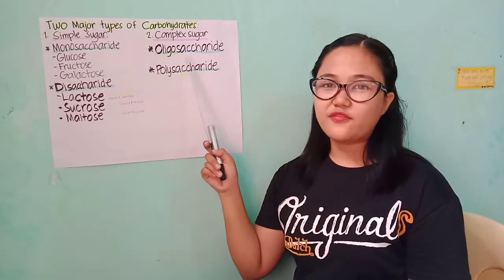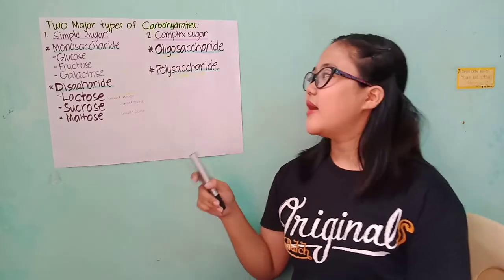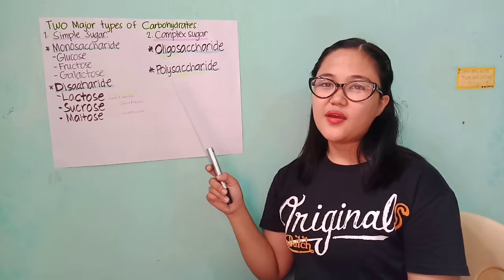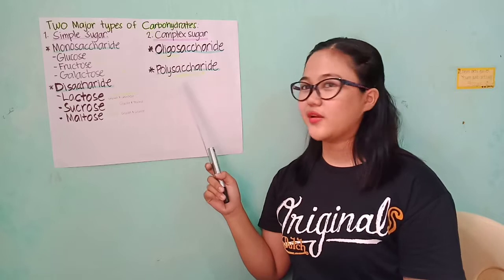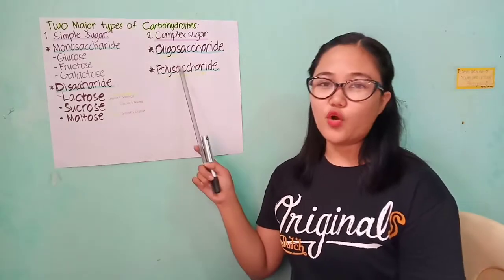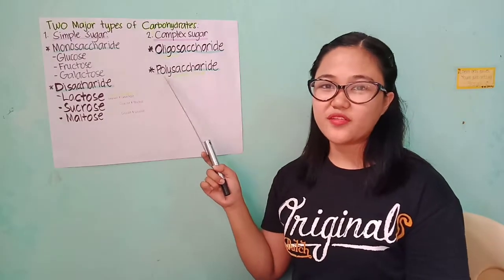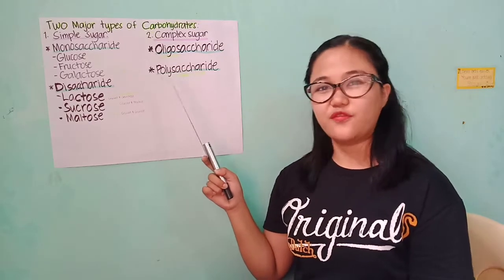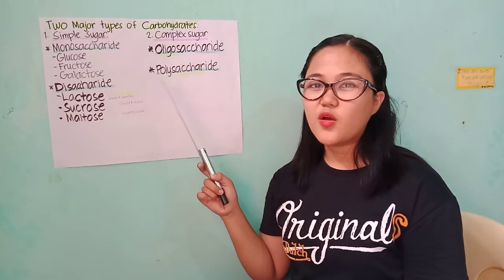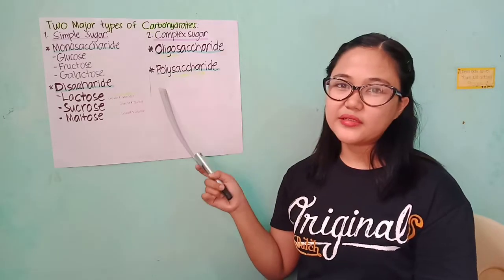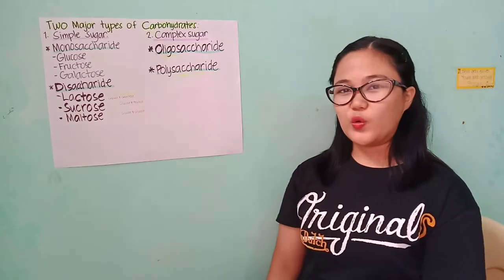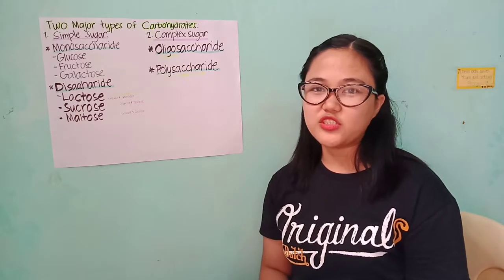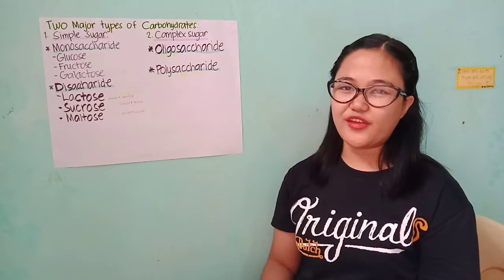Oligosaccharides are found in soybeans. And polysaccharides, poly means many, so many sugars linked together. Polysaccharide is the most abundant type of carbohydrate found in food like rice, wheat, and potatoes. So that's the end of my discussion about the classifications of carbohydrates.